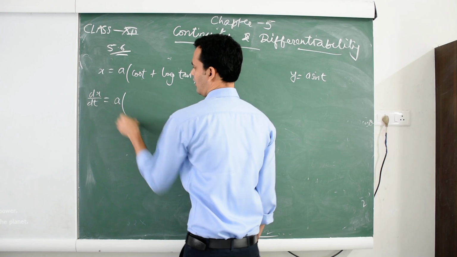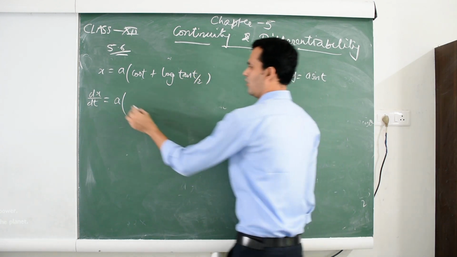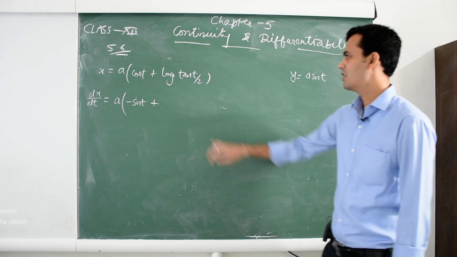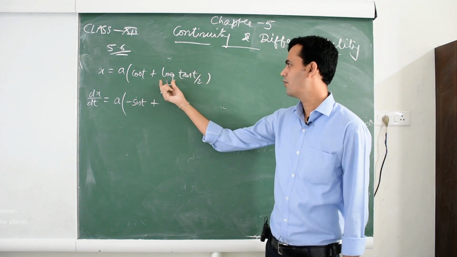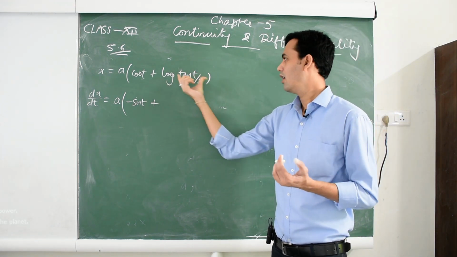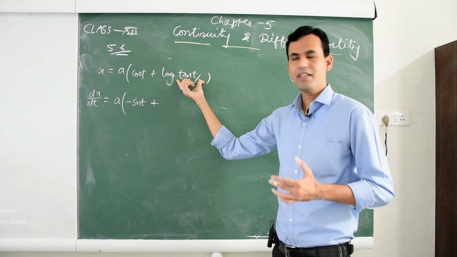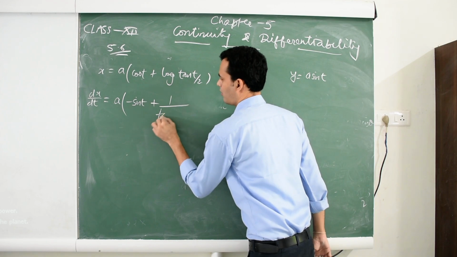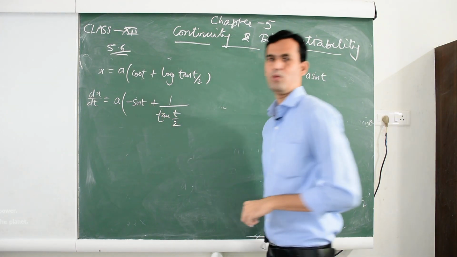So dx by dt, a as it is, differentiation of cos t is minus sin t plus differentiation of log tan t by 2. So first we differentiate log, if we take this term as x, then log x, differentiation of log x is 1 upon x. So 1 upon tan t by 2.